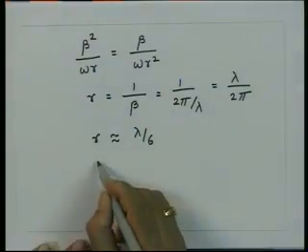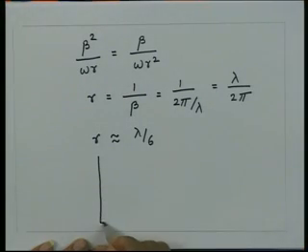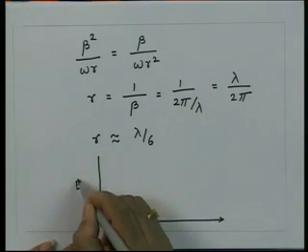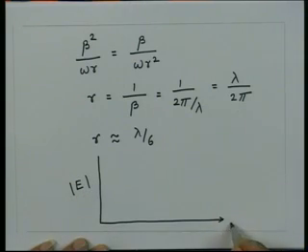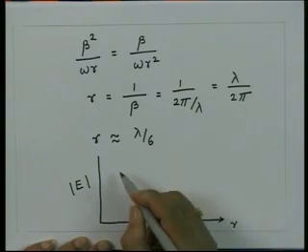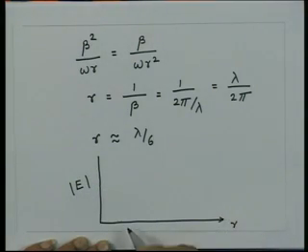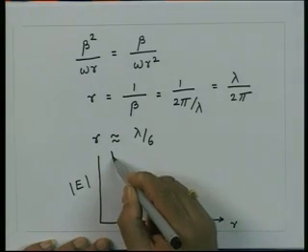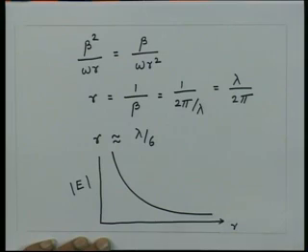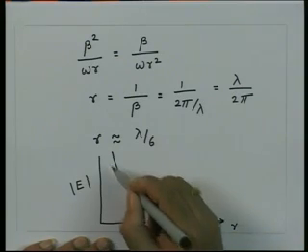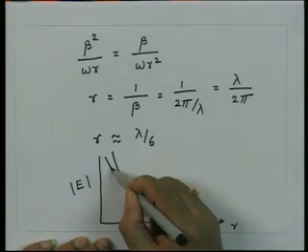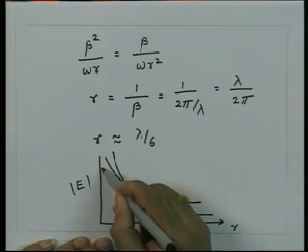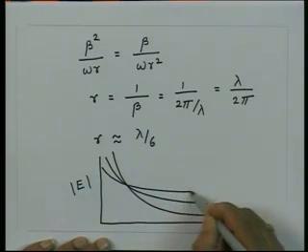So, if I plot the different fields now as a function of distance, this is E magnitude, I am plotting as a function of distance. I will have three types of fields. One is the electrostatic field, which will be like this. Other will be the induction field, which will be like that, and third will be the radiation field, which will be like this.